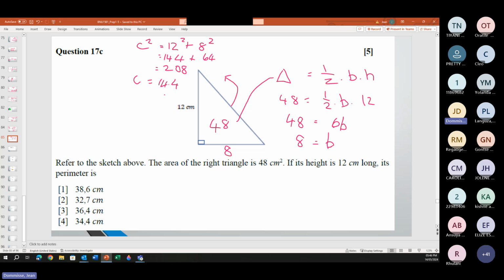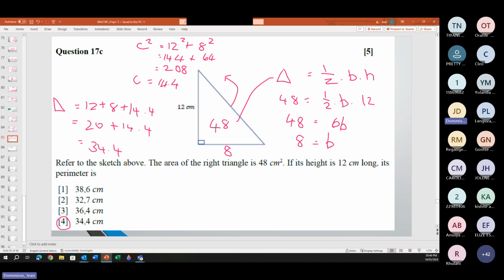So to get the perimeter of those three, we will add the 12 plus the 8 plus the 14.4. So 12 plus 8 is 20, plus 14.4 gives us 34.4, which is option 4 this time.